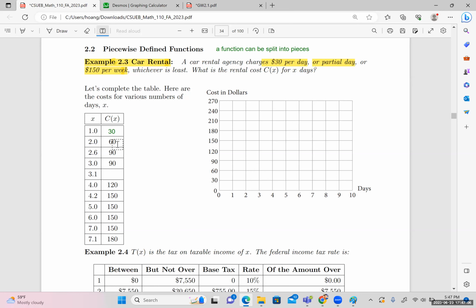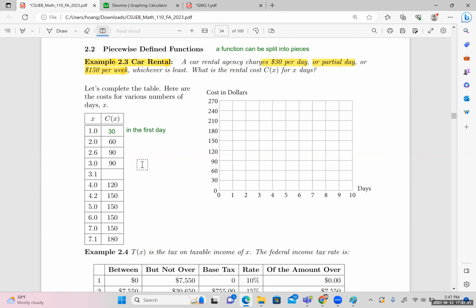If you return the car in the first day, it's about $30. But if you return it into the second day, then you pay $60 for that.